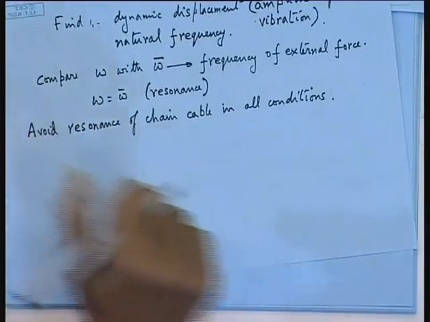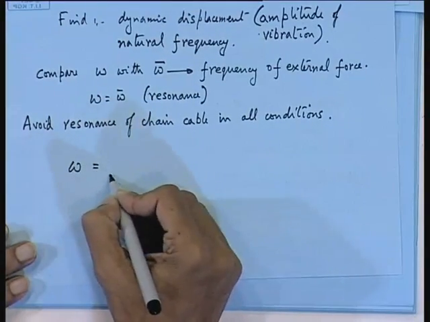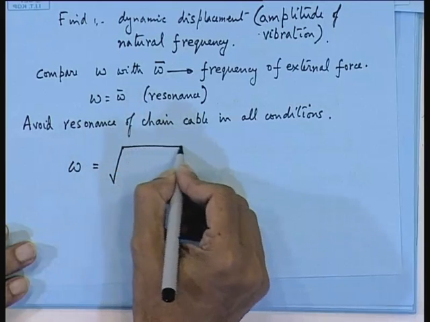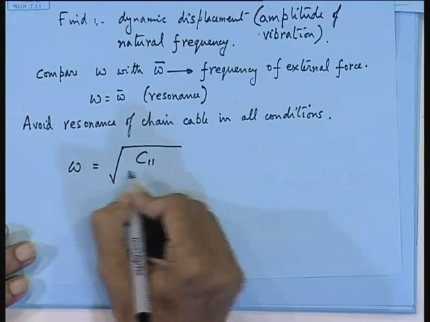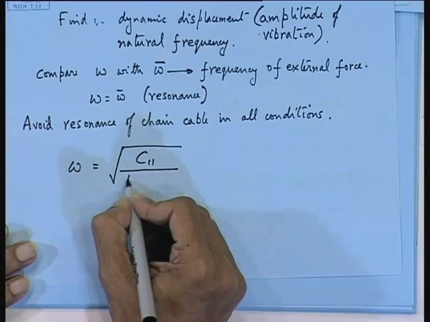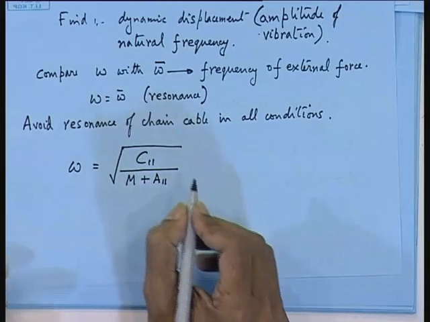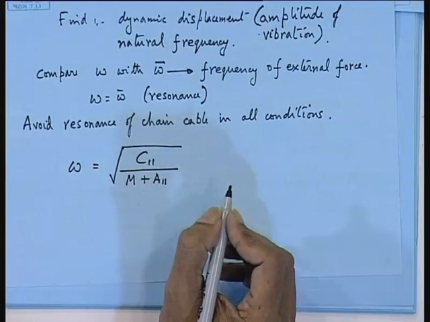So, natural frequency is, say, omega that you have calculated is root over C11 over the added mass m plus A11. Of course, here you have not taken the damping term.